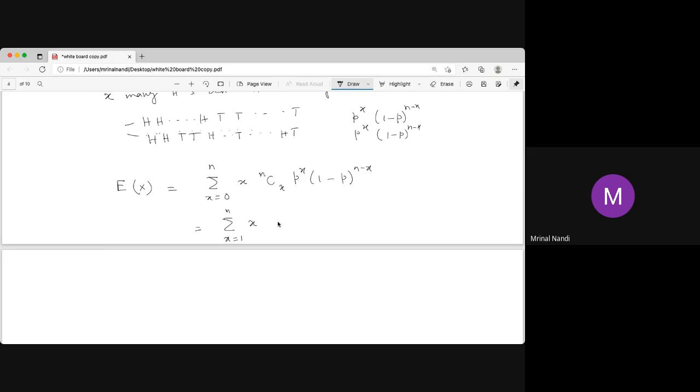X, and what is nCx? nCx is just n factorial by n minus x factorial into x factorial, p to the power x, 1 minus p to the power n minus x. Now we just cancel this x, and so for x equal to 1 to n, we get n factorial by n minus x factorial and then x minus 1 factorial.